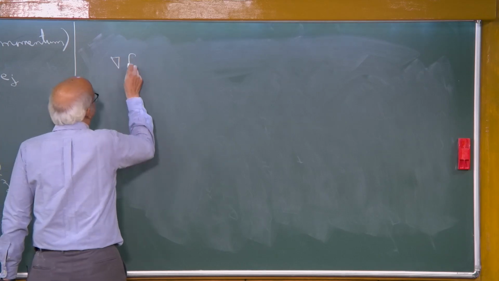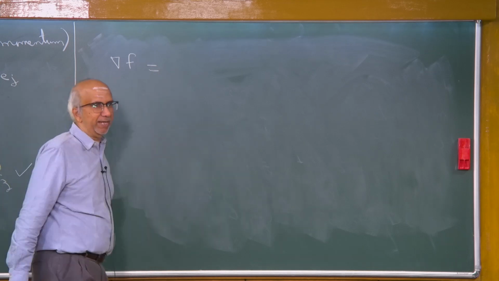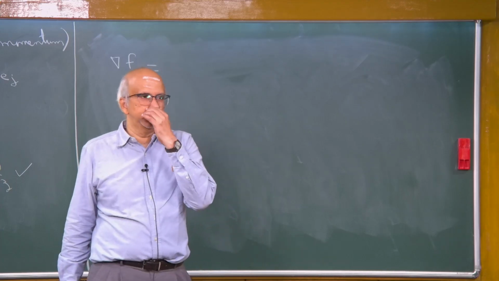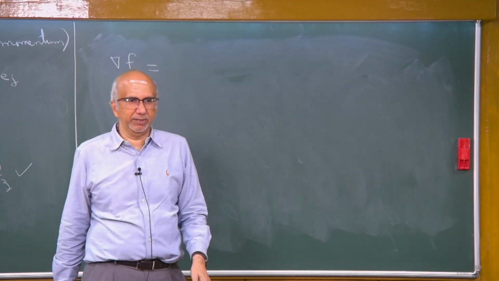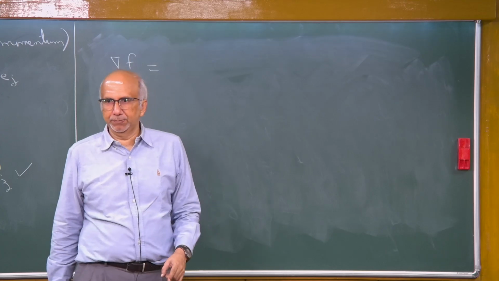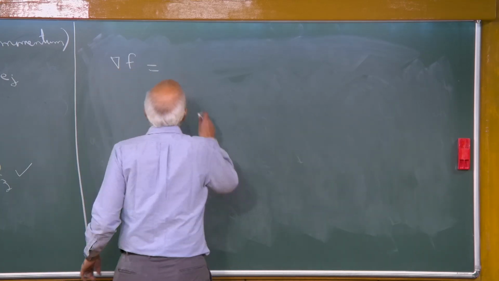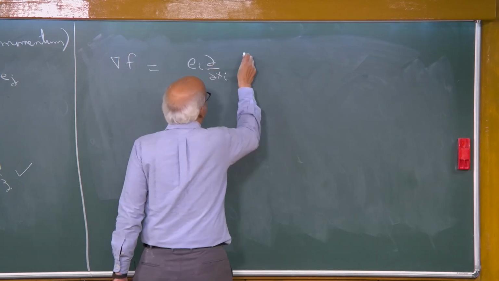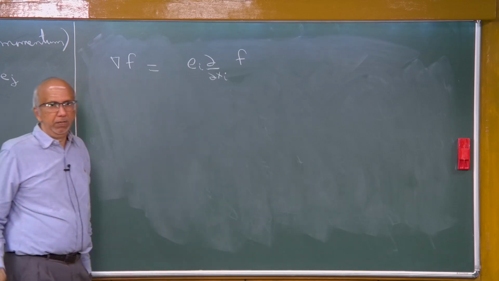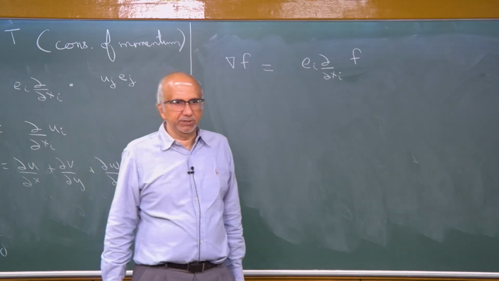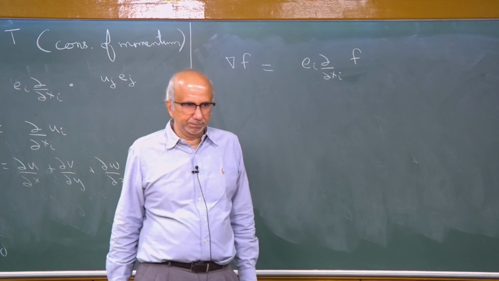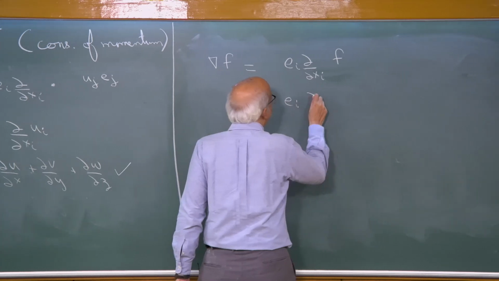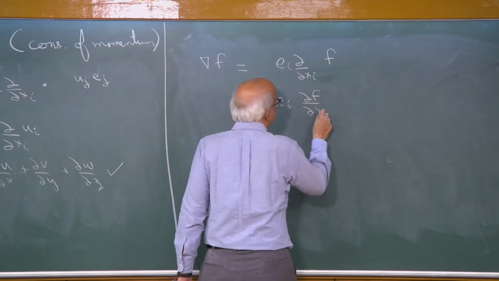Look at the gradient of f, how do you calculate that? Earlier del dot u was applied to a vector, here f is a scalar. So the gradient operator is ei d by dxi, and f is a scalar, so there is no fj ej business, f is a scalar function, not a vector. So this is nothing but ei df by dxi.